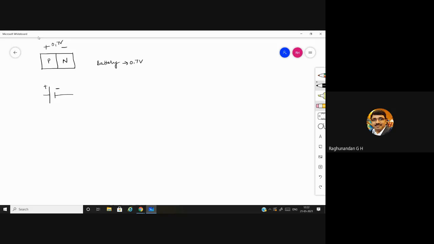The 0.7 volt existing across the potential barrier makes this characteristic. In later topics we'll discuss that in detail. It has the characteristics of a battery of 0.7 or 0.3 volt based upon the type of material used.